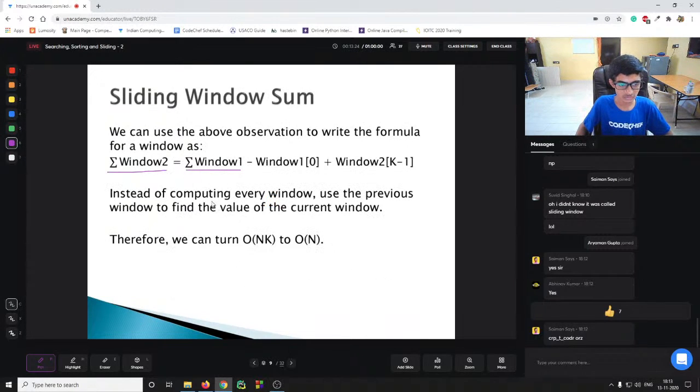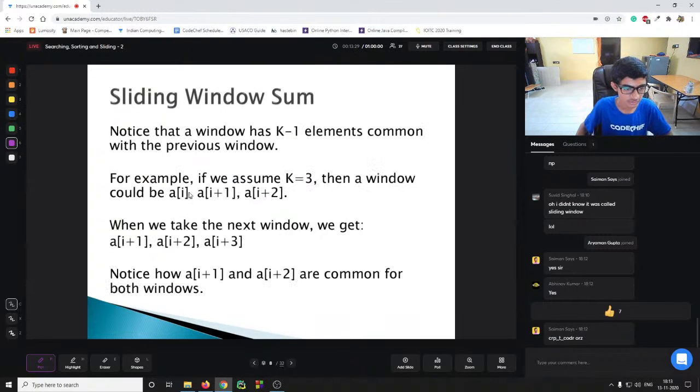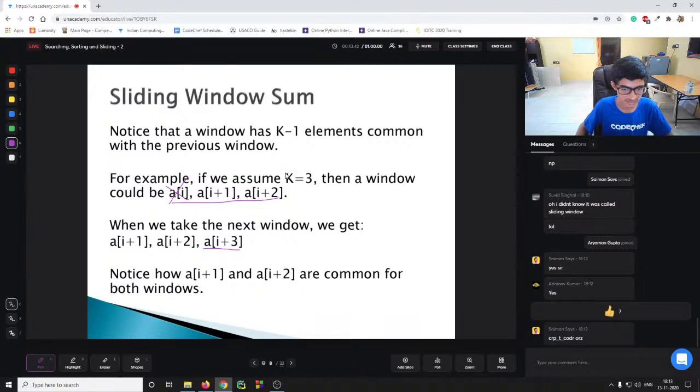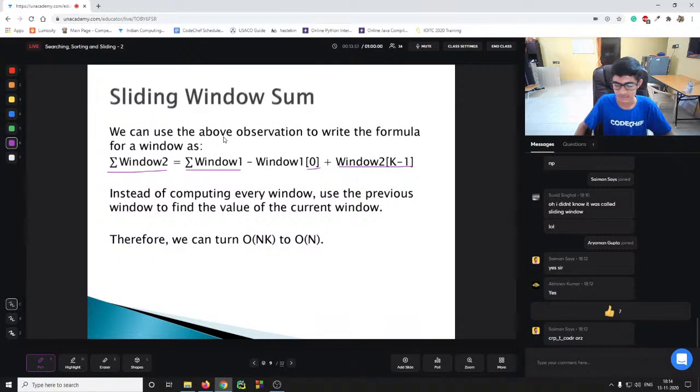We take this total sum and remove a of i from it, the zeroth element of the first window, and then we add the last element of window 2, which is a of i plus 3. Now notice that this formula gave us the exact same result as the sum of window 2. So did everyone get it? I guess everyone got it, hopefully.